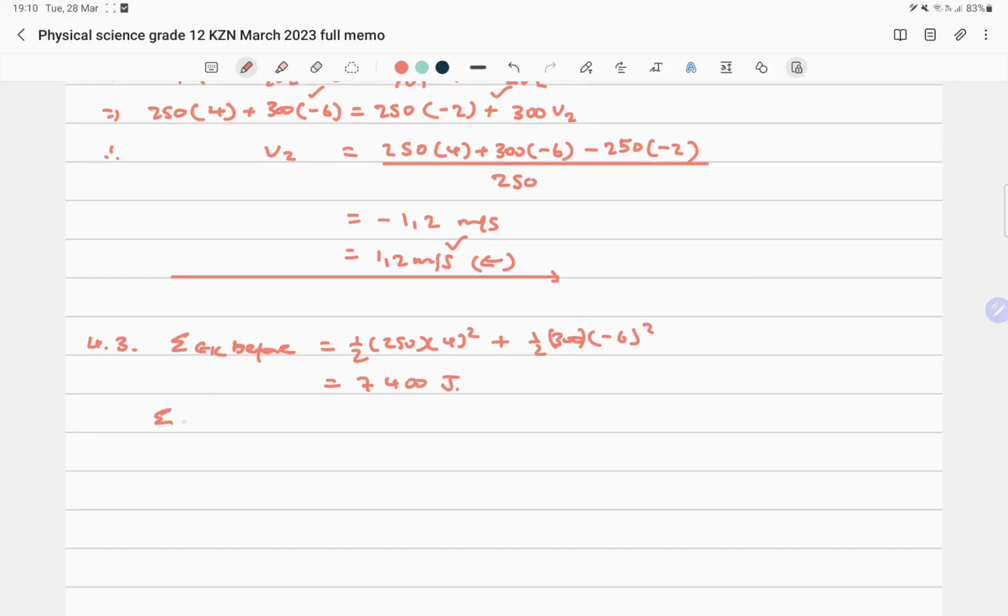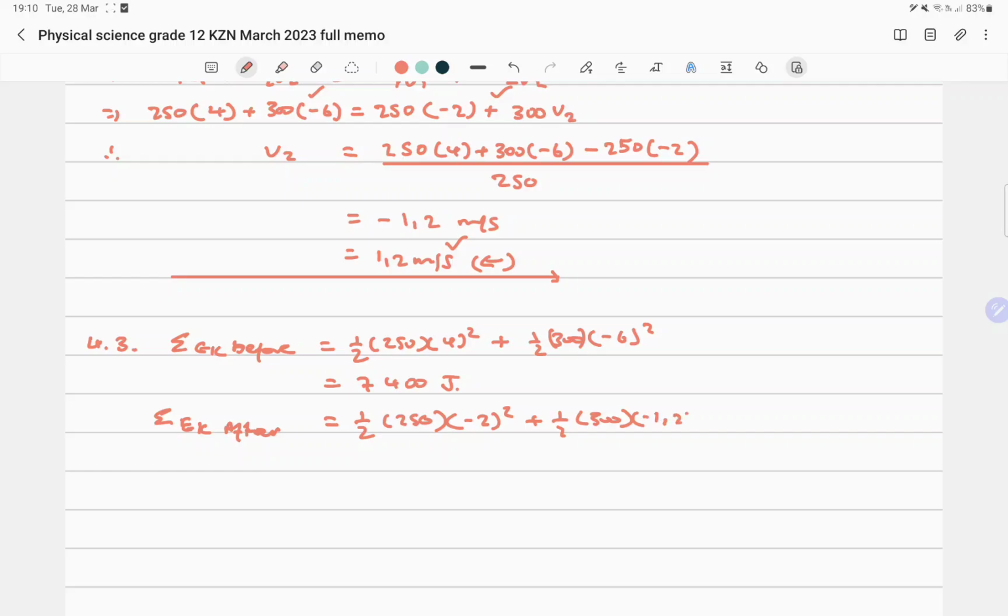So the sum of EK after, this is now half into 250. This one was now minus 2 squared plus half of 300, and this one was now minus 1,2.